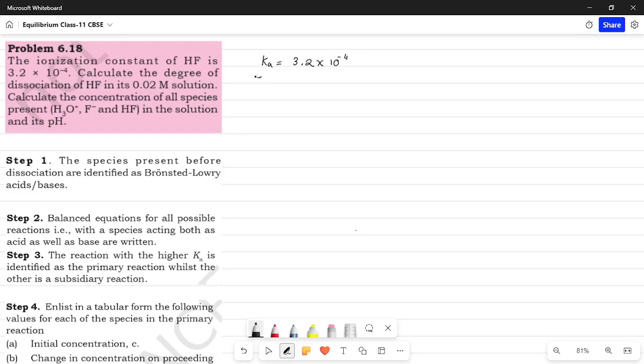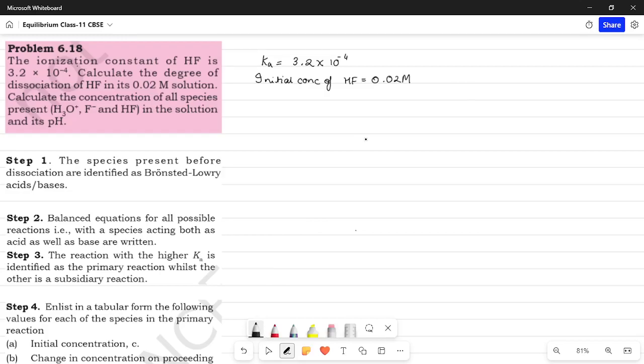So we have been given the initial concentration of HF equals 0.02 molar, and we need to calculate the degree of dissociation of HF, which means we need to find the value of alpha, its degree of dissociation after it has reached equilibrium, right?